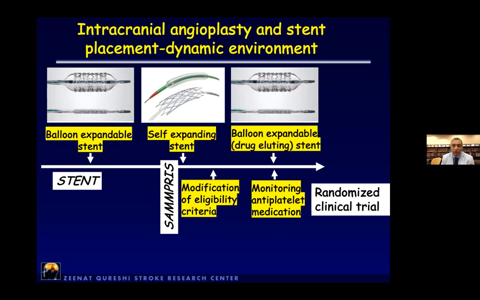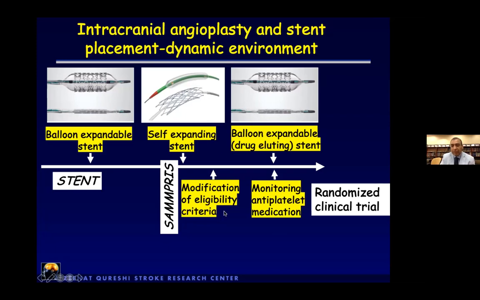Then we switched to self-expanding stents. And then the SAMMPRIS trial was performed using self-expanding stents. And after the SAMMPRIS trial, now there is actually re-emphasis on balloon expandable stents. So we're moving back to the next generation of balloon expandable stents that are more trackable, easier to deploy, and they may also have drug-eluting properties.